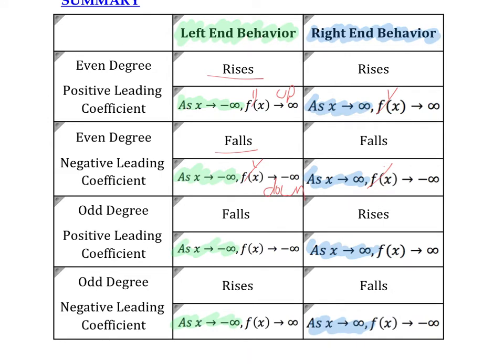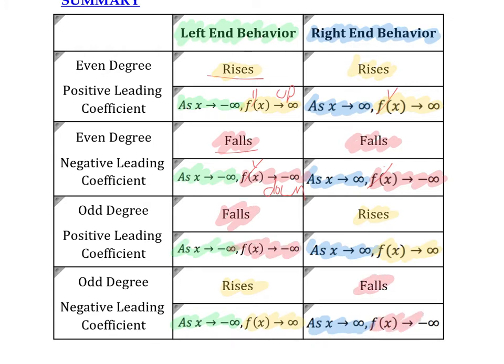So anytime you see the word rises, the math jargon way to say that is your f of x value approaches positive infinity, or your y value goes up. Conversely, if you see falls, your y value goes down forever, so your function value goes to negative infinity.